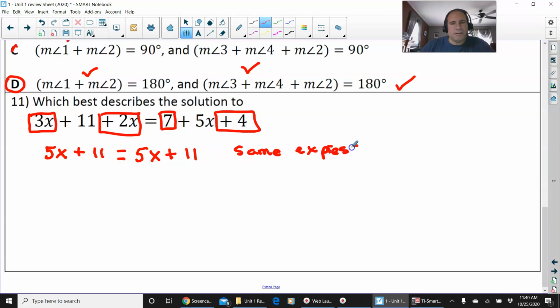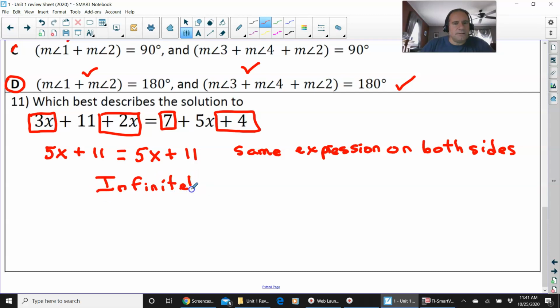I have the same exact expression on both sides. And if you have the same expression on both sides, that is infinitely many solutions.